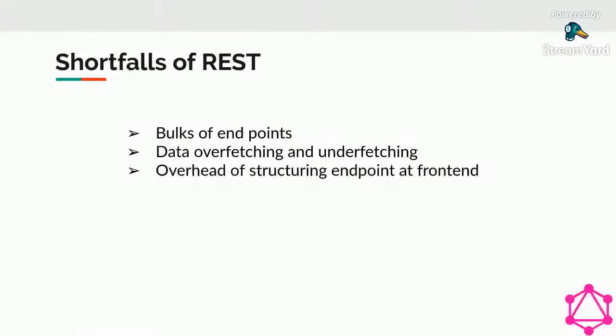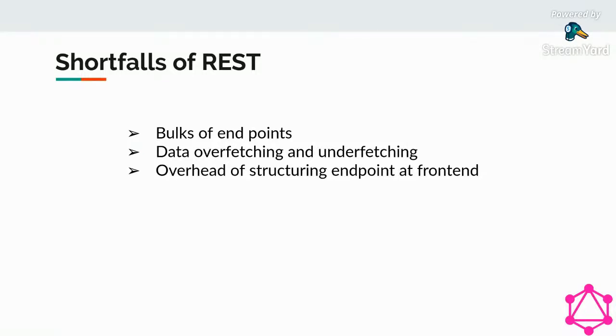Take my example, Devanshu Brahmbhatt/friends. For my front end application, I just need to know my friends' names, but when I call that API, it gives me a lot of other information about my friends as well. That is called data overfetching. I get a lot of unnecessary data.